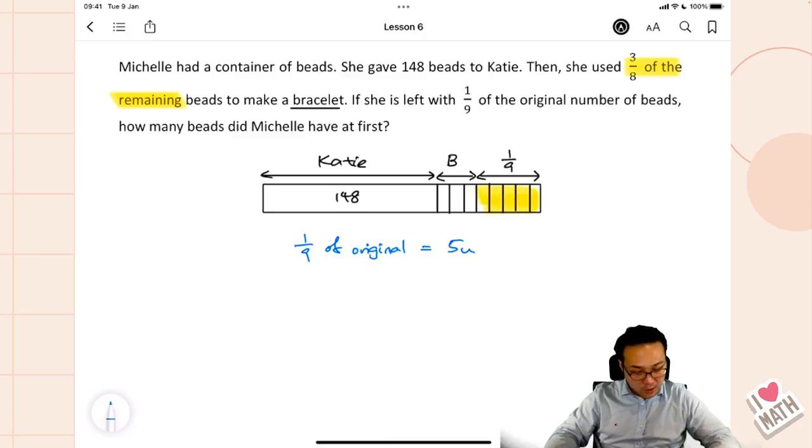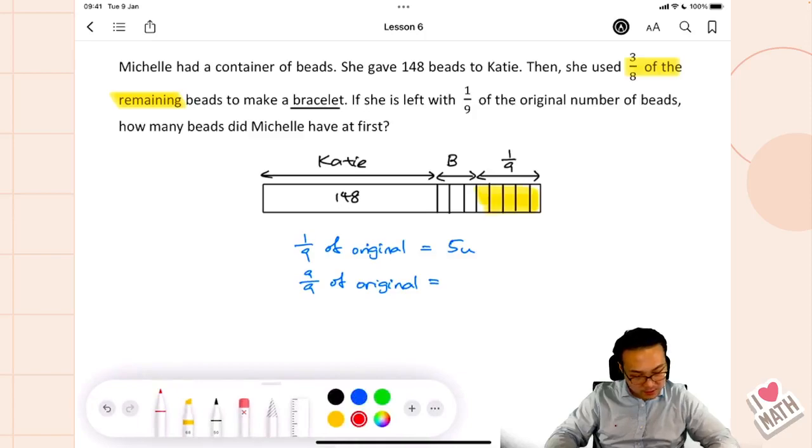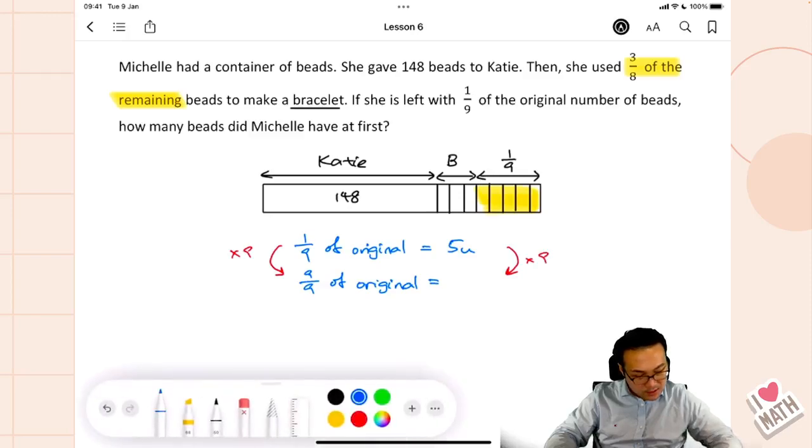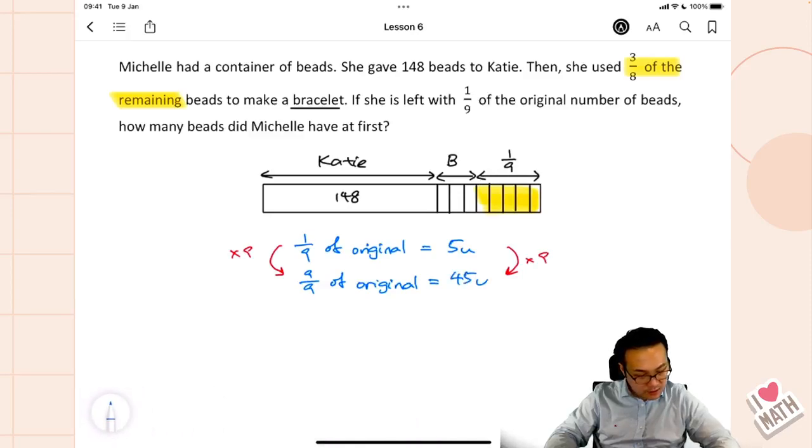So can we know how much is the original, how many units are there at the start? You just need to multiply by 9, right? So when you multiply by 9, we realize that we have 45 units at first. Okay?